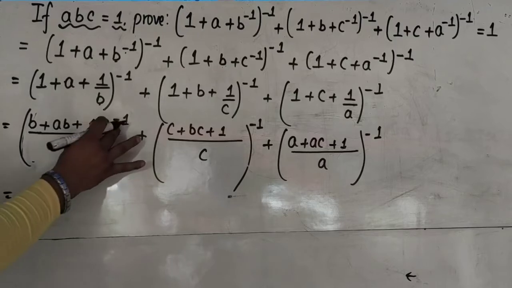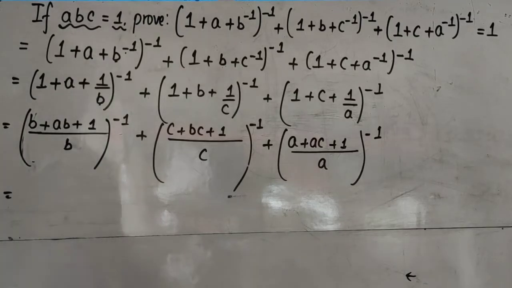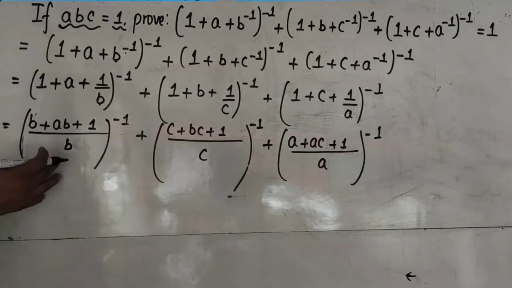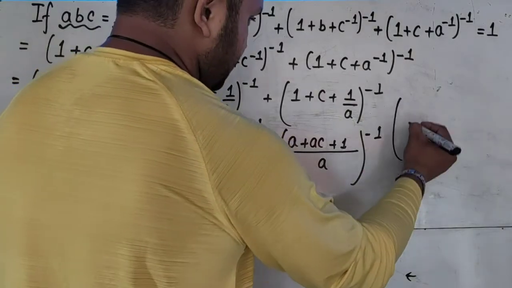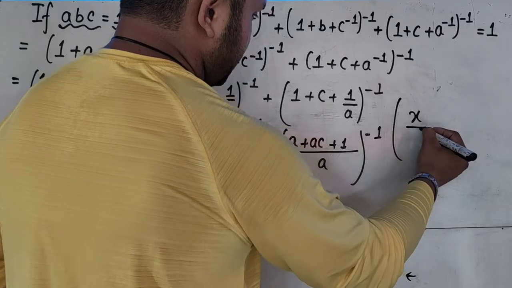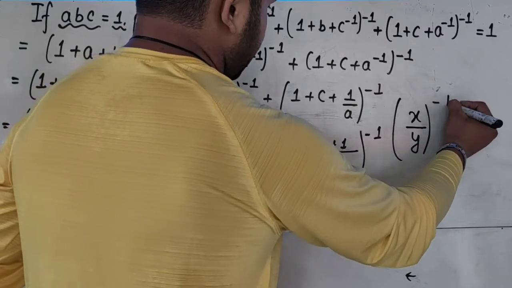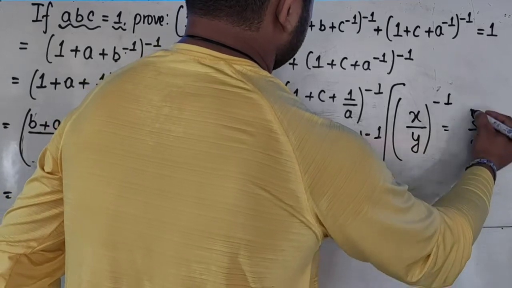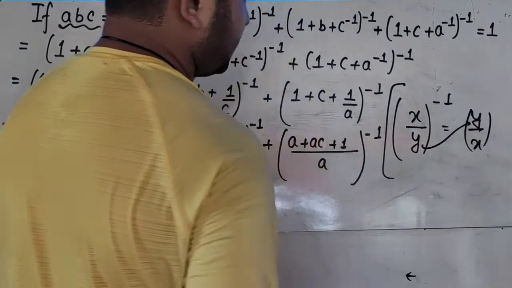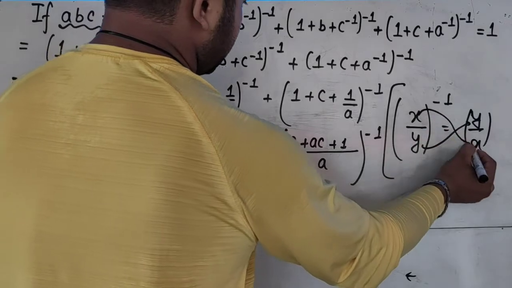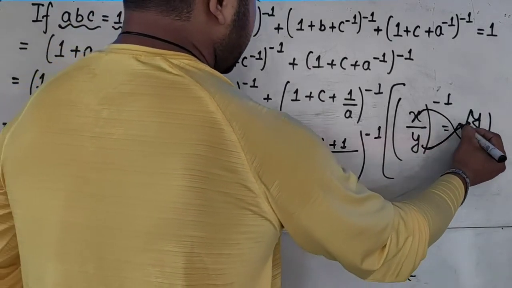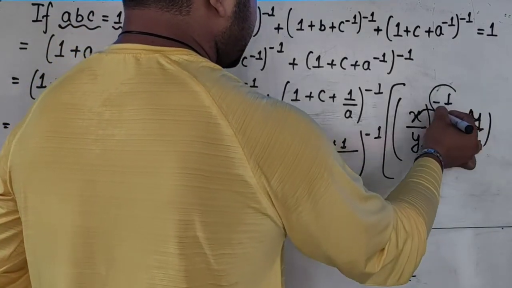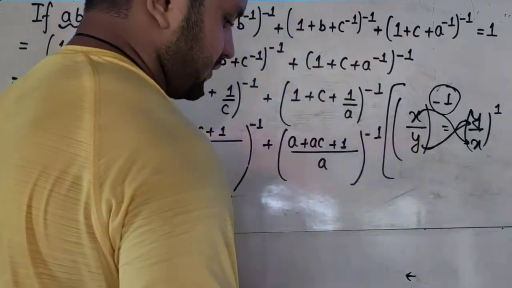Now this negative power minus 1 can be changed into positive power 1 if we interchange the numerator and the denominator. See the rule in the indices. Suppose you have x by y with the power negative 1. This can be written as y by x. The numerator is changed into a denominator, and the denominator becomes the numerator. By doing this, the negative power changes to a positive power.